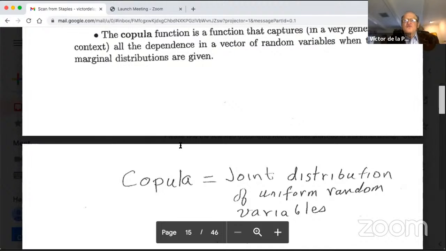Once you have that in mind, copulas might sound mysterious, but they are just joint distributions of uniform random variables. We are going to exploit this fact and see this is a very powerful tool, which was actually developed by the insight of a French mathematician called Fréchet. I once was visiting Paris and I sat at Fréchet's desk.